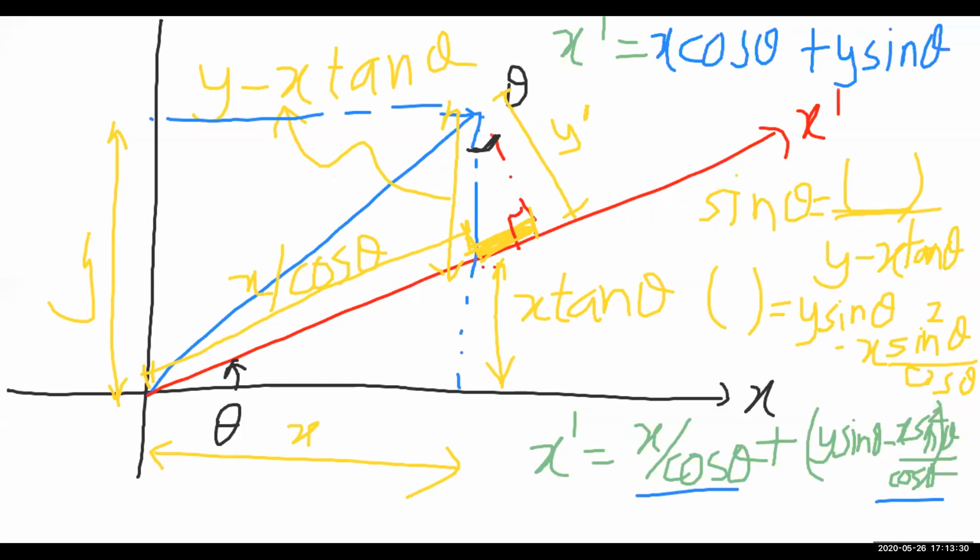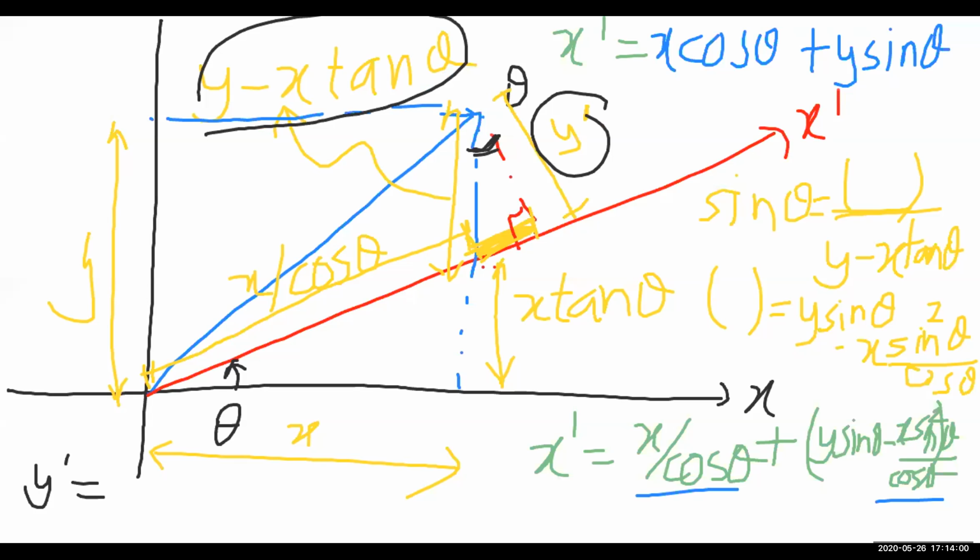Y dash is equal to, ये हाइपोटेन्यूज है y माइनस एक्स tan थीटा, और मेरे को तो ये साइड निकालना है और ये एंगल थीटा है, तो मैं लिखूंगा कोसाइन ऑफ थीटा इज इक्वल टू y dash upon hypotenuse, right?